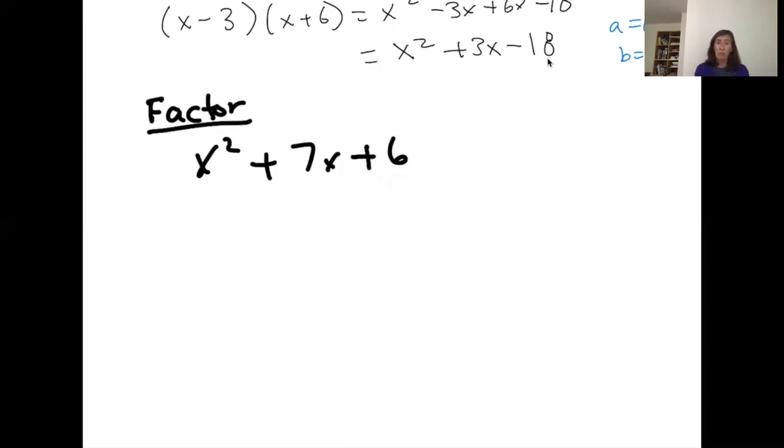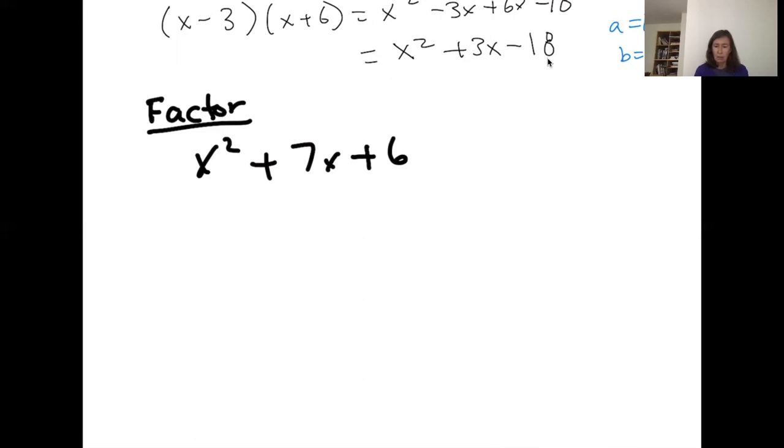Well, one set of factors would be 2 times 3 is 6, but that's not getting us anywhere because 2 plus 3 is 5, and that's not 7. Okay, so that's no good. What's another pair of factors of 6? Oh, 6 times 1, those are factors of 6 too. And 6 plus 1 does indeed equal 7.